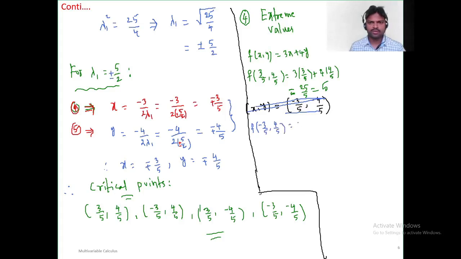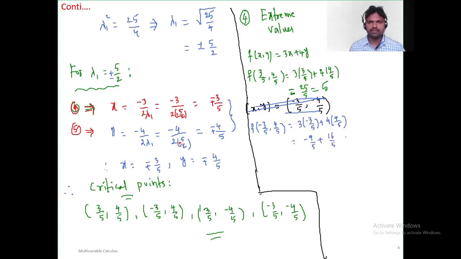What will we get? So 3 into minus 3 by 5, 3x plus 4y, so 4 into 4 by 5. Now what will we get? Minus 9 by 5 plus 16 by 5.